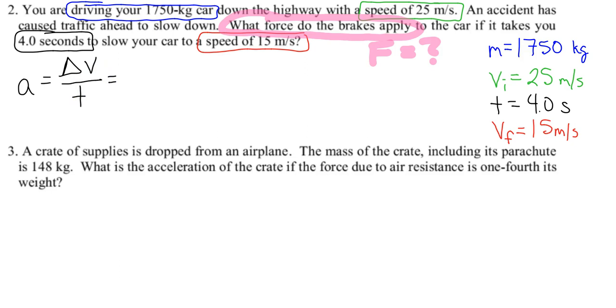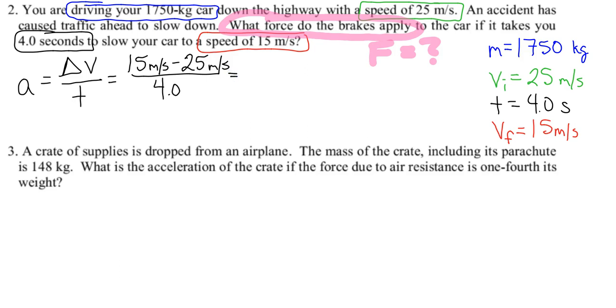Well, our change in velocity is our final velocity minus our initial velocity. So our final velocity was 15 meters per second minus our initial velocity of 25 meters per second, divided by our time of 4.0 seconds.